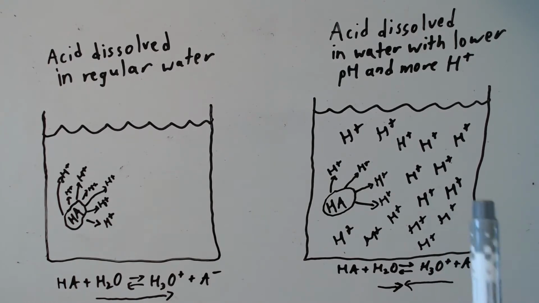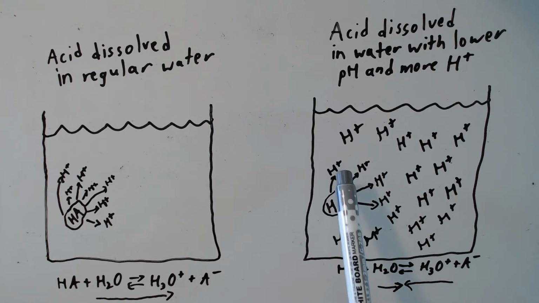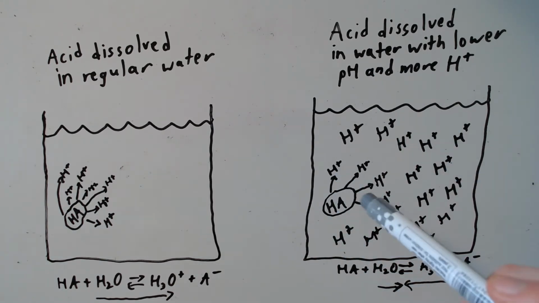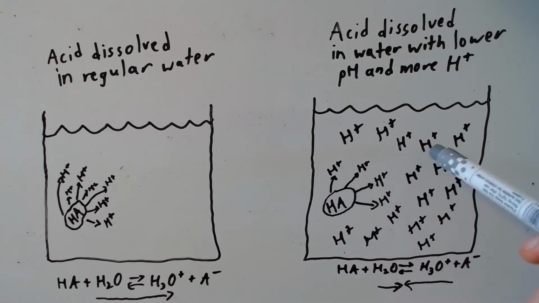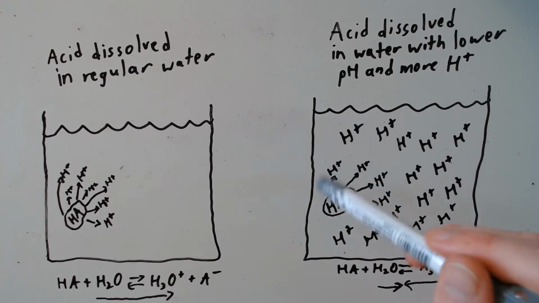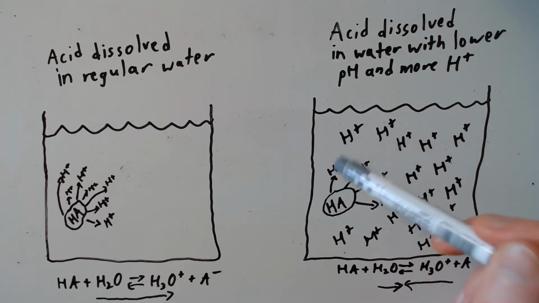And that is what is known as the common ion effect. We know that the acid releases an H+, and this solution already had a lot of H+ prior to when the acid was added.